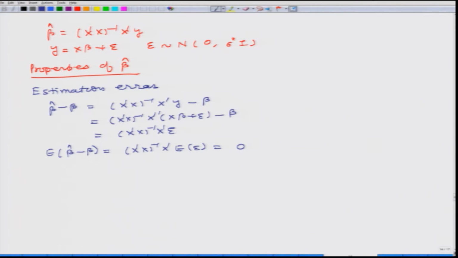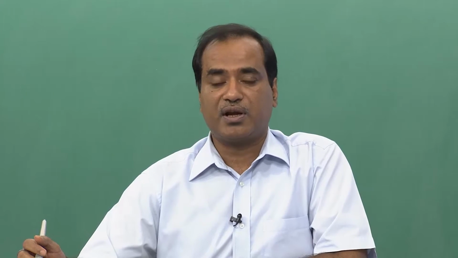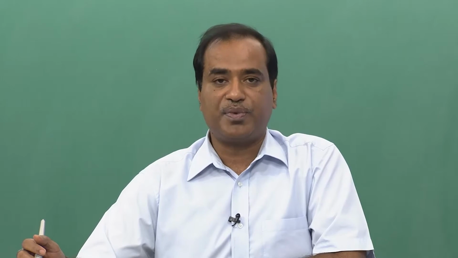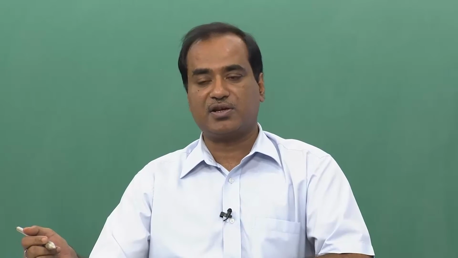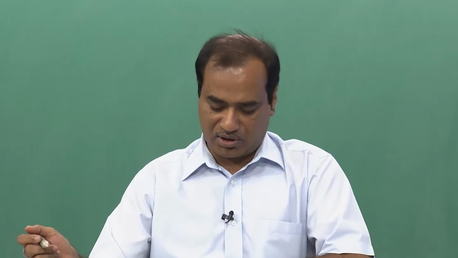So, this clearly implies that beta hat is an unbiased estimator of beta. And remember, in case of simple linear regression model also we had shown that the least square estimator of intercept term beta 0 and slope parameter beta 1 were also unbiased. So, this is again an extension of that result in the case of multiple linear regression model.